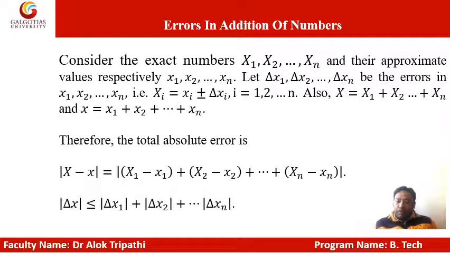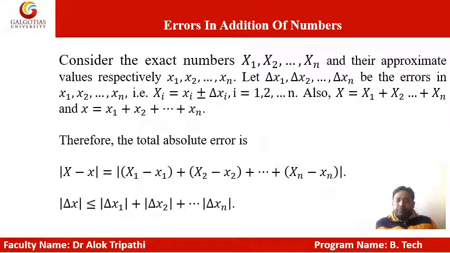Now the other number was 2.64. When it was rounded off to one decimal place, we have got 2.6. Now error is equal to approximate value minus true value, so this will give you a negative value. Therefore error may be positive or negative both. Therefore we have written here Xi equals xi plus minus delta xi, i equals 1 to n.